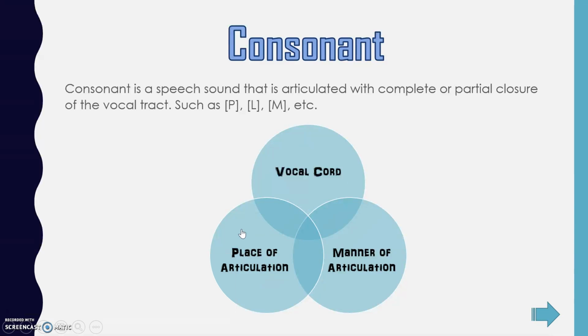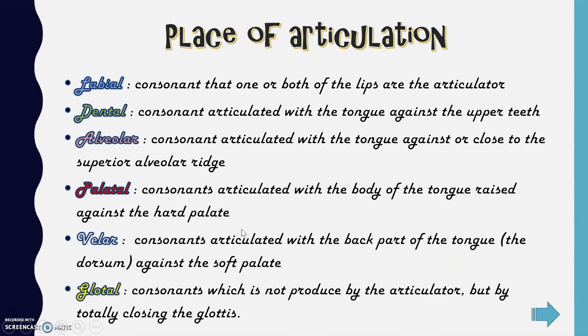Next is place of articulation. First is labial. Labial is a consonant in which one or both of the lips are the articulators. Then dental.